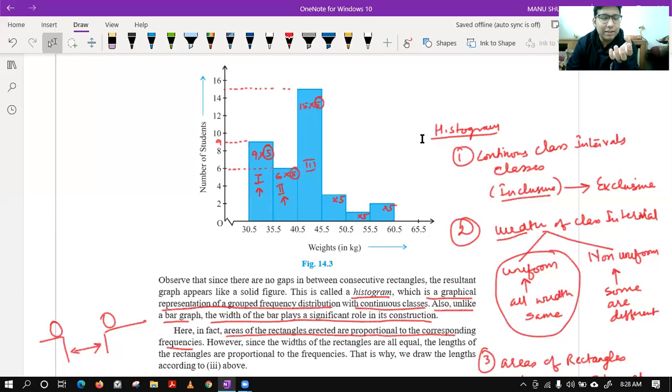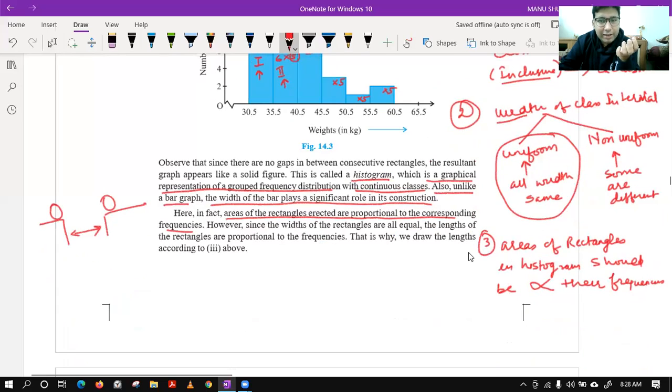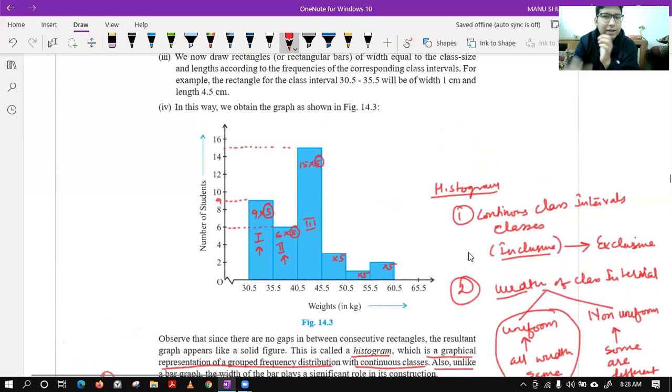The reason is the third concept, that in a histogram we should have areas of rectangles proportional to their frequency. That means if one rectangle has more frequency, it should have more area also.